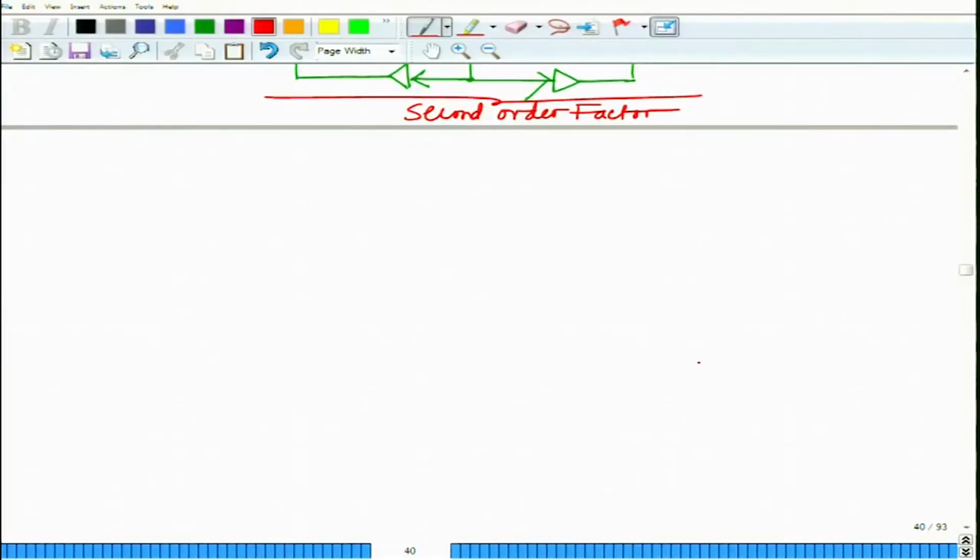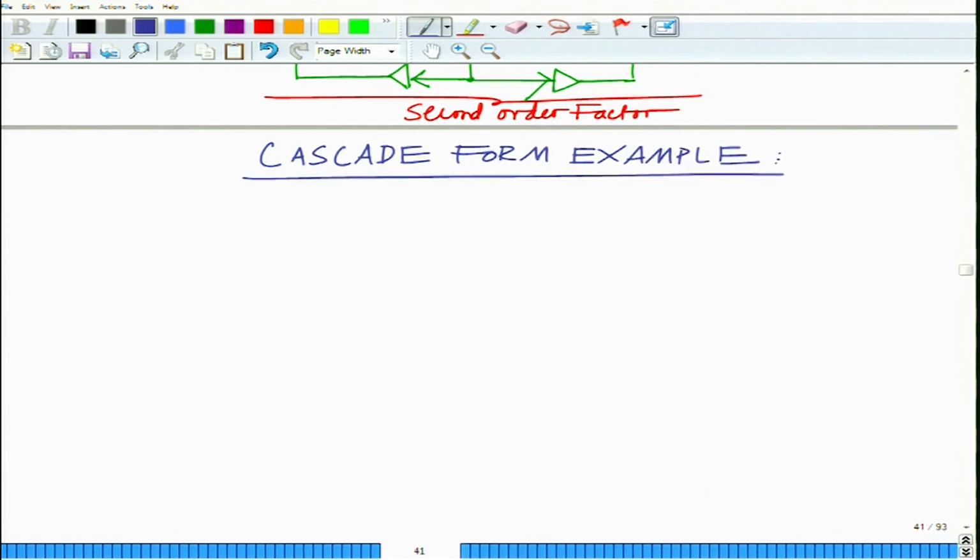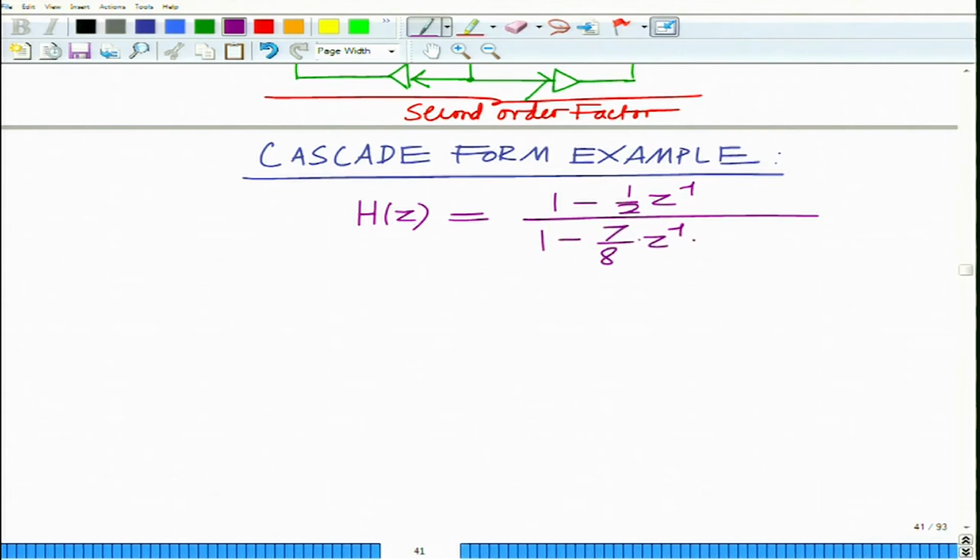Let us do an example to understand this. Let us go back to the example that we have considered previously. So, this is our cascade form example. We have H(z) equals (1 minus half z inverse) over (1 minus 7 by 8 z inverse plus 3 by 32 z to the minus 2).